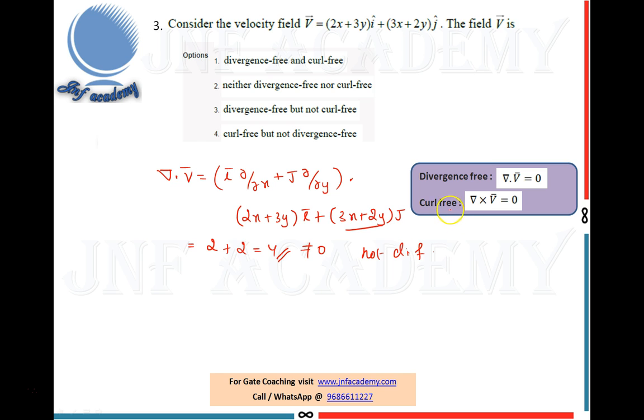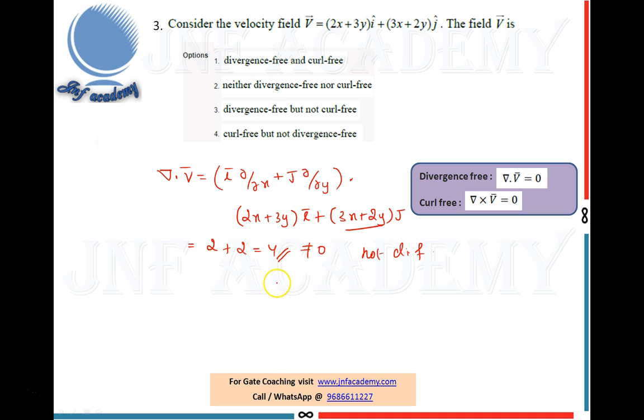Next you have to check curl free. Del cross V vector, but the curl operation is only applicable to three-dimensional vectors. The curl measures the rotation in a vector field.